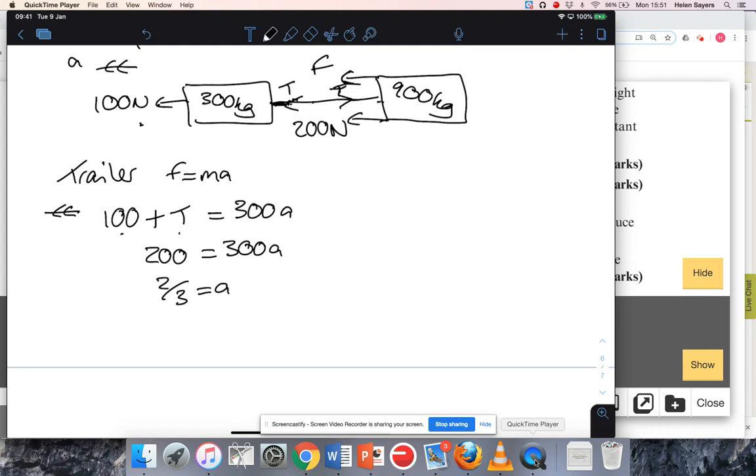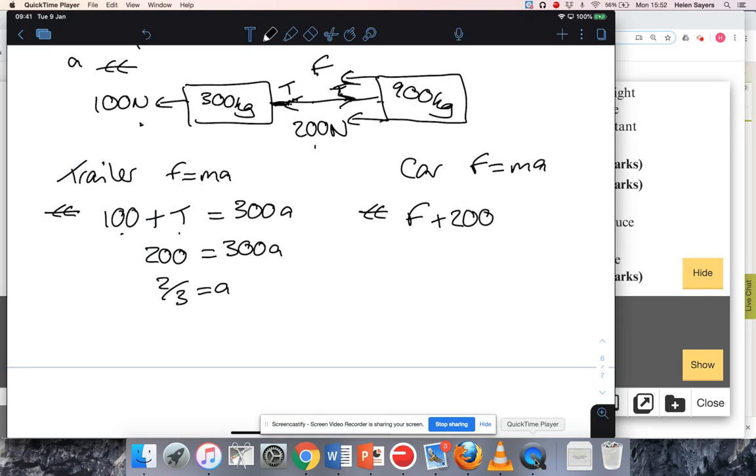Okay, so now if I look at the car and use F equals ma on the car, and again, let's take left as positive. So I've got this braking force F, I've got the resistance force of 200 newtons.